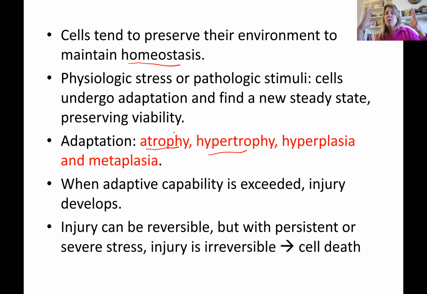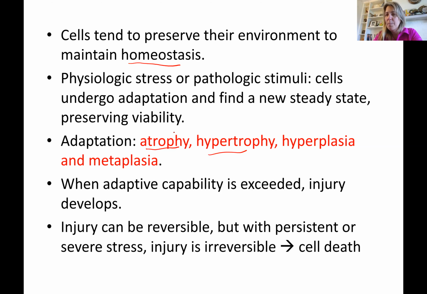When he came, he was a bodybuilder and he was huge, very muscular. So his muscle cells were hypertrophied. Hypertrophy is an increase in cell size, okay? But a hypertrophied cell needs a lot of energy to be maintained, a lot of exercise and a lot of energy in the form of nutrition, okay?